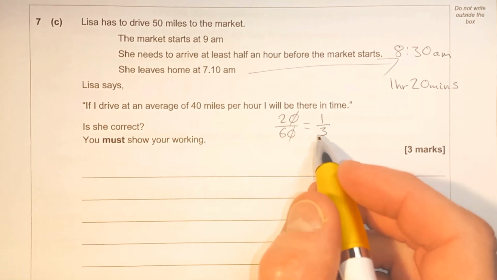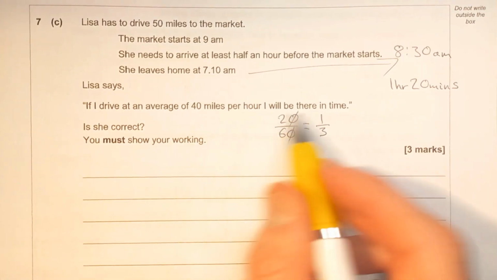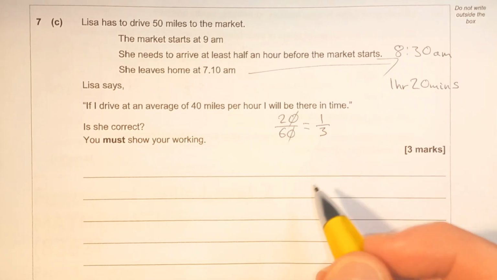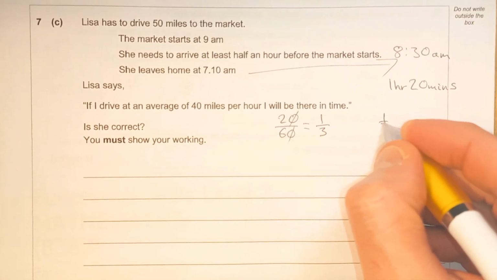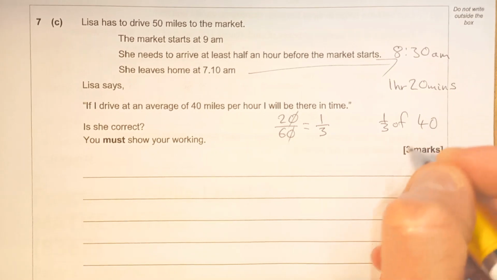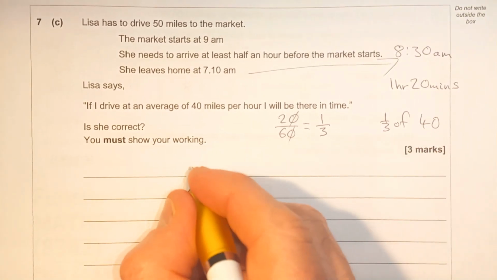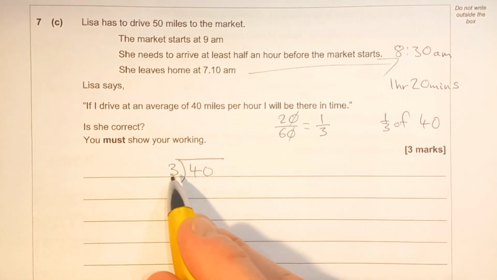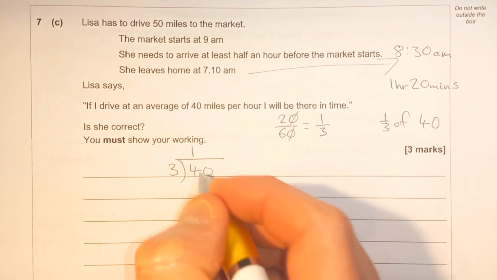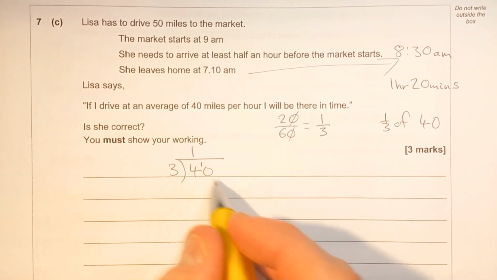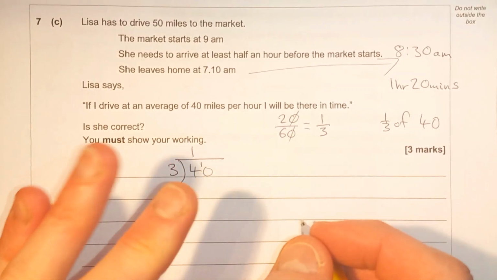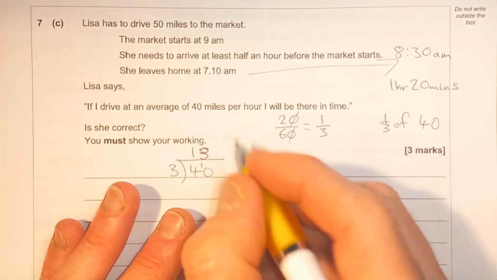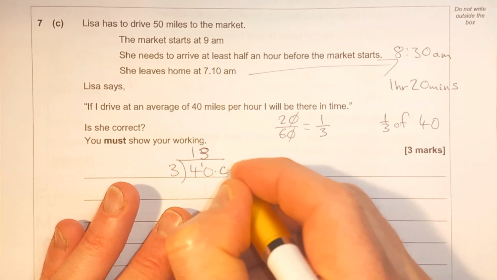And if she's travelling at 40 miles per hour, so in 1 hour she travels 40 miles, how far would she travel in a third of an hour? So we want a third of 40, or in other words, 40 divided by 3. Well, 3 goes into 4 once with 1 remainder. 3 goes into 10, 3 times with 1 remainder, so we can put 1 in there.